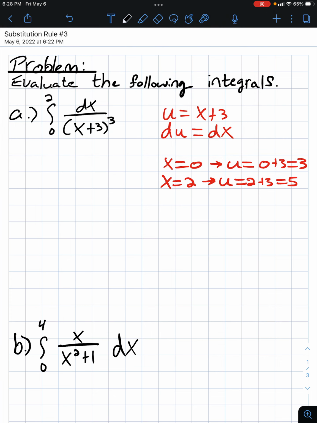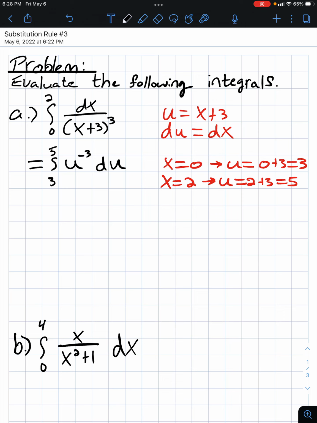We can now solve our problem. So in part A, our definite integral will become the integral from 3 to 5 of u to the negative third du.